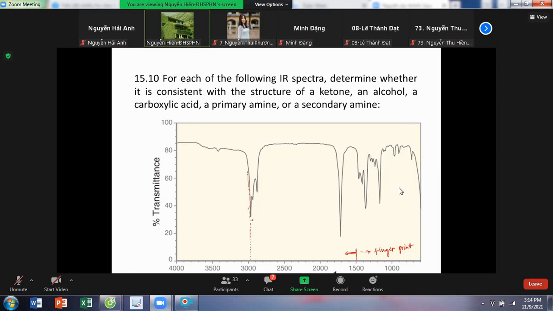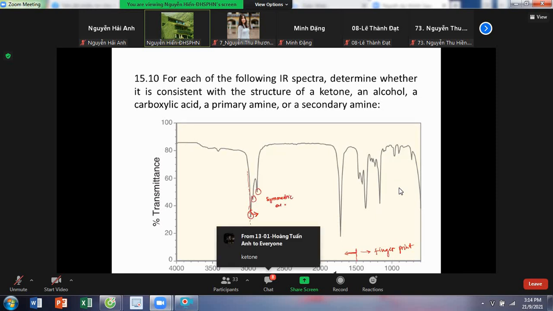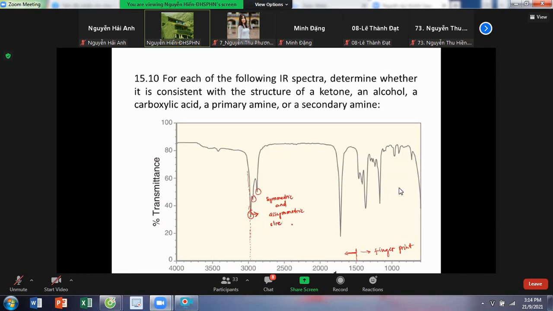In this case you have only signals just below 3000, and you see three peaks, 1, 2, 3, corresponding to symmetric and asymmetric vibration or stretchings of C sp3-H. So this one is a saturated compound.